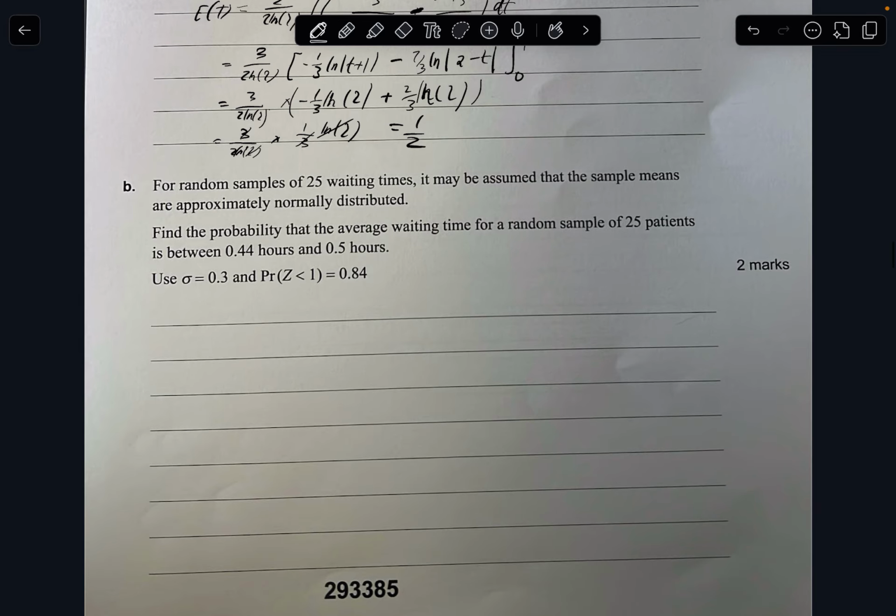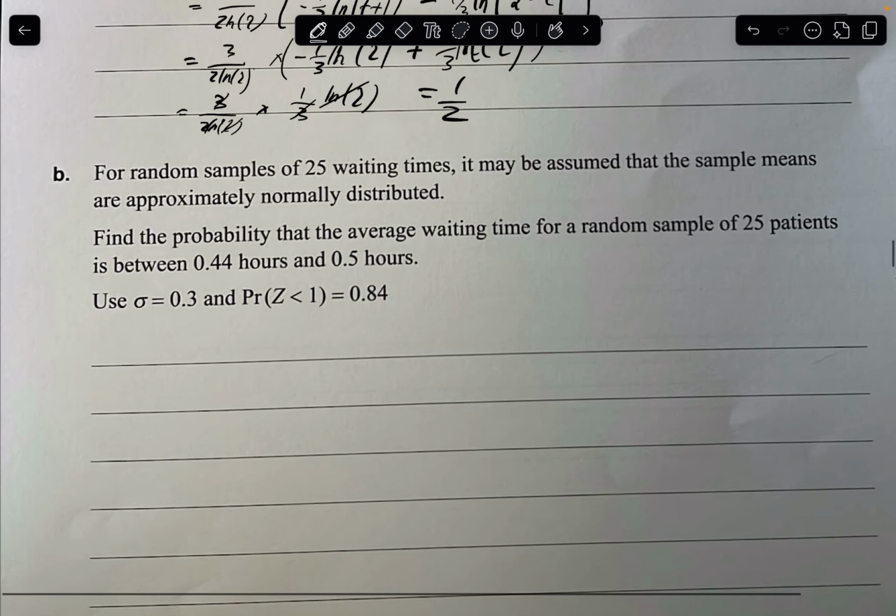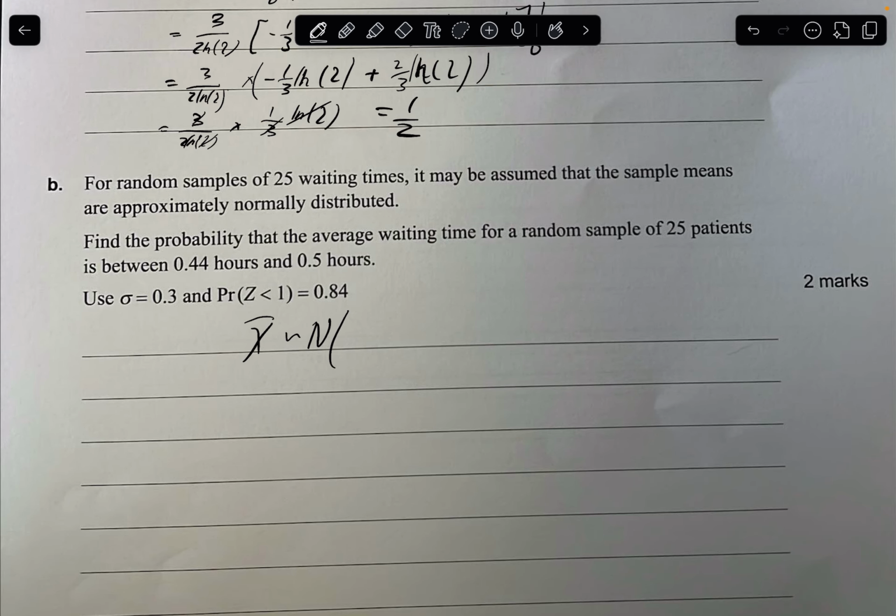Okay. For random samples of 25 waiting times, it may be assumed that the sample means are approximately normal distributed. Find the probability that the average waiting time for a random sample of 25 patients is between 0.44 and 0.5.